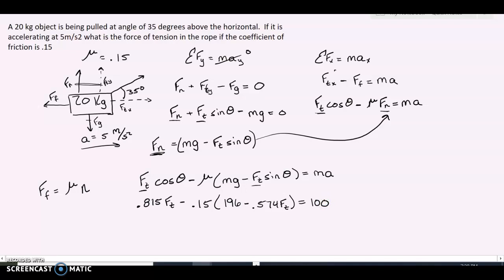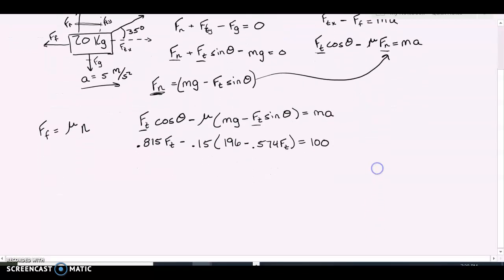So we got to do a little bit more math here, unfortunately. We can distribute our 0.15. So we will get 0.819. Sorry, I put that into the calculator wrong. Minus 29.4 minus 0.15 times 0.574, putting that into the calculator.